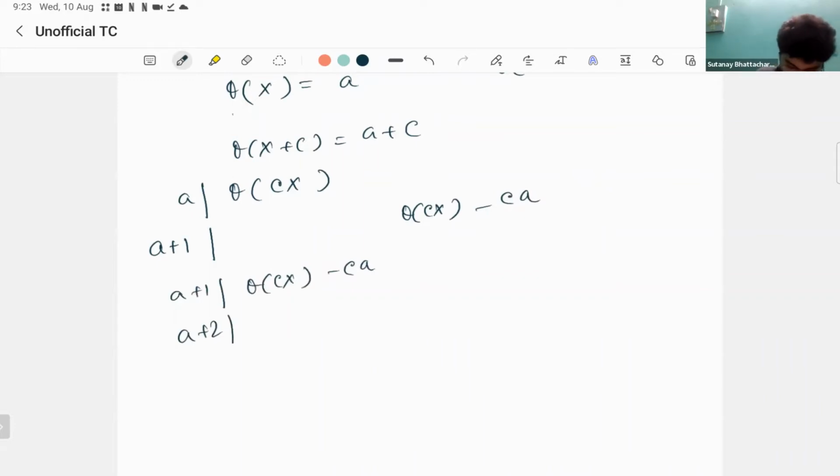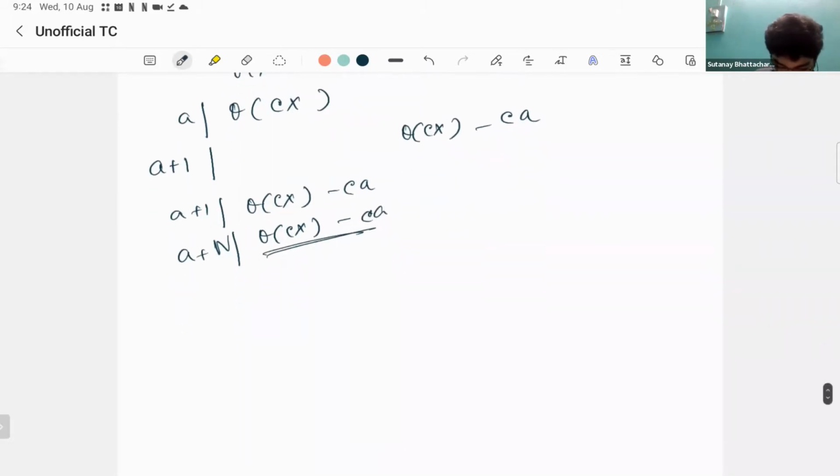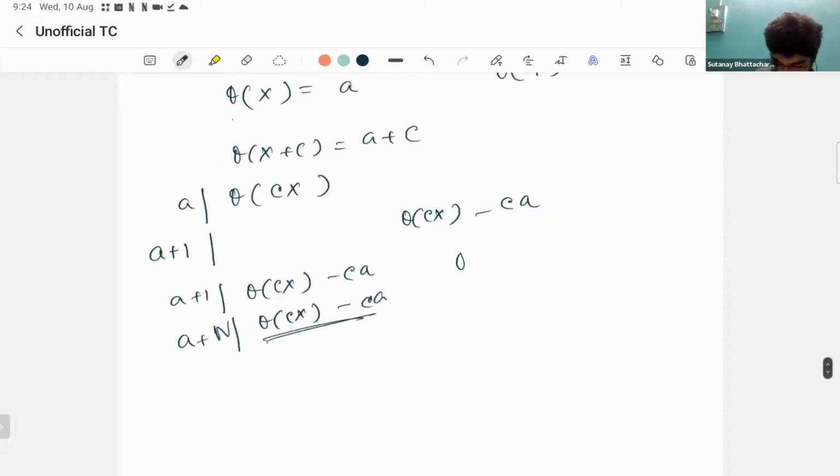Oh nice, that does work. So basically, a plus any large number divides this quantity, so this has to be 0. That's progress. We now know this for all linear polynomials.